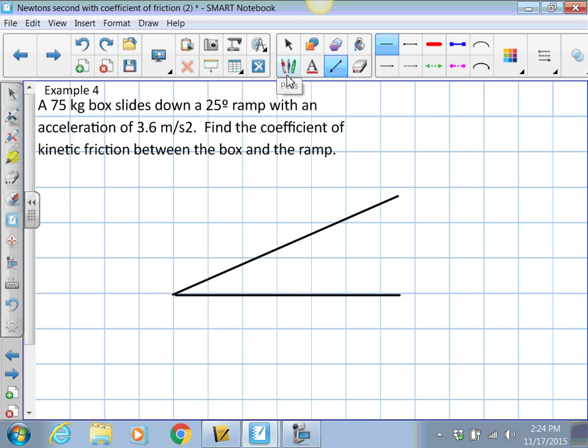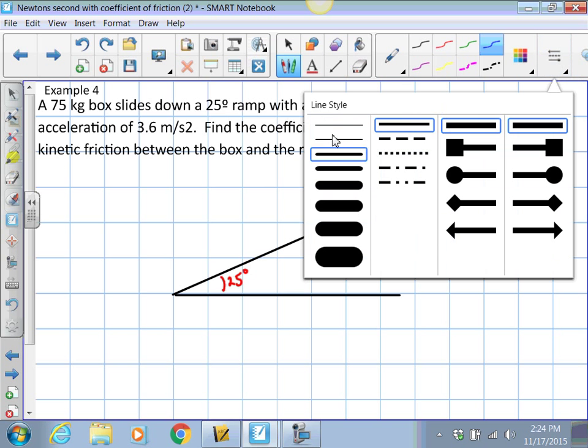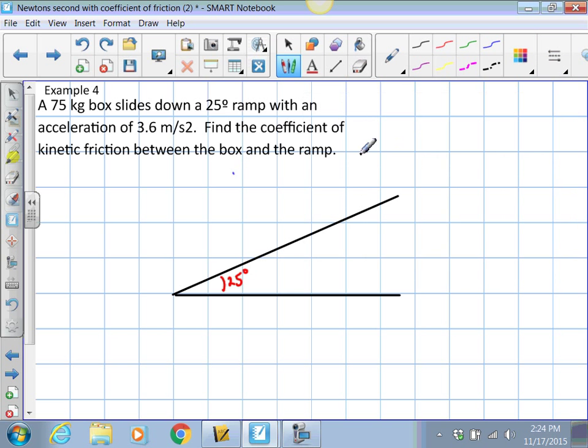We're at 25 degrees, so I'll go ahead and put that in here. All right, we have a box on the ramp. I'm just going to represent the box as a point. And we want to resolve as many of the forces as we can. We know that it's 75 kilograms.